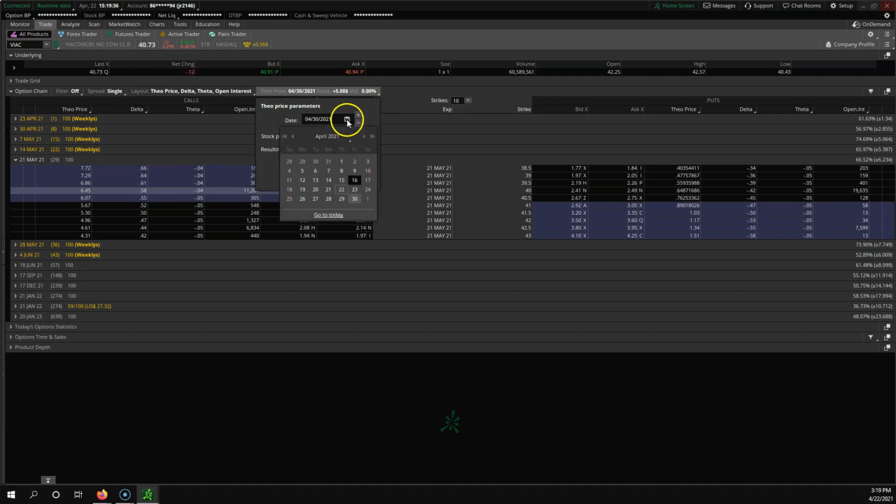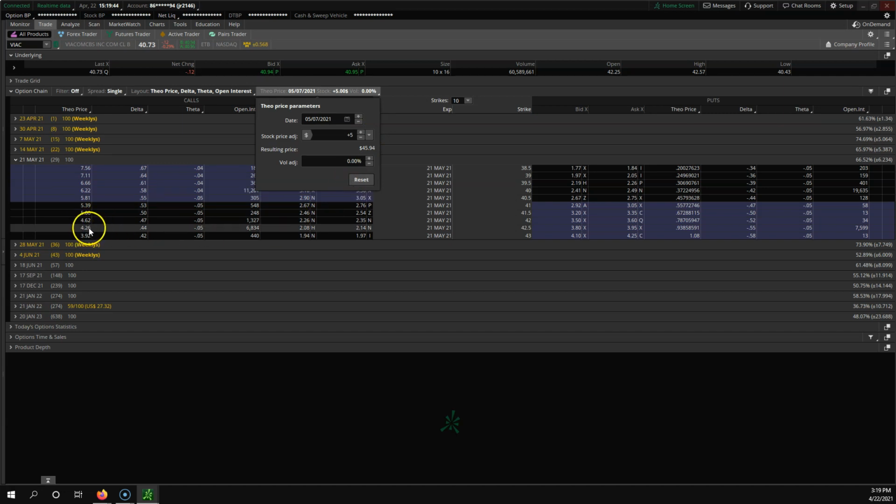And let's say that same $5 move doesn't happen until the first week in May, which is May 7th. Well, what was $4.95 is now $4.62, right? Because we have the right to buy this at 42. With a $5 move we'd be about 45, but we still do have some time decay left.